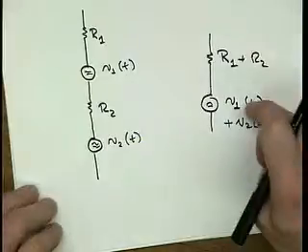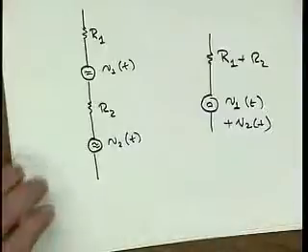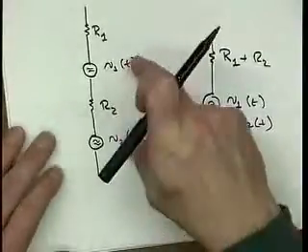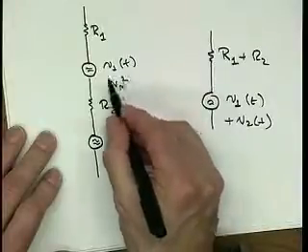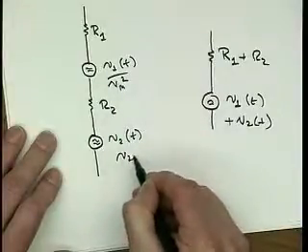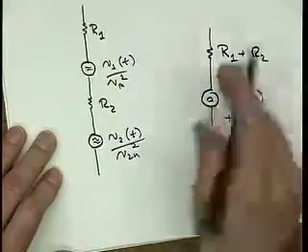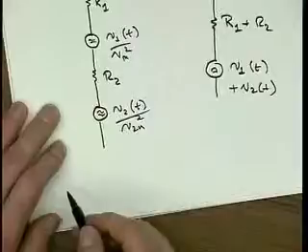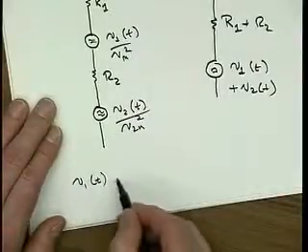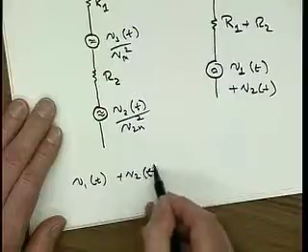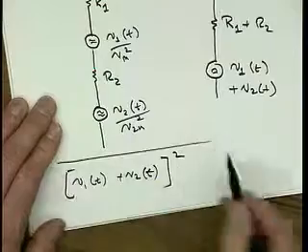The trouble is that because I don't know V1 and V2, it's kind of useless to know that. So let's try to figure it out. We know what the noise power is, V1 square and Vn2 square. We know these. Let's try to figure out what the Vn square of this one is. So that's going to be V1 of t plus V2 of t, squared and mean.